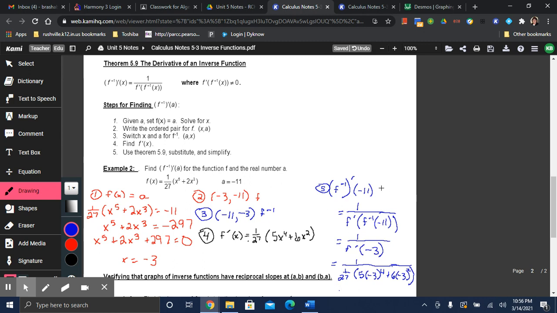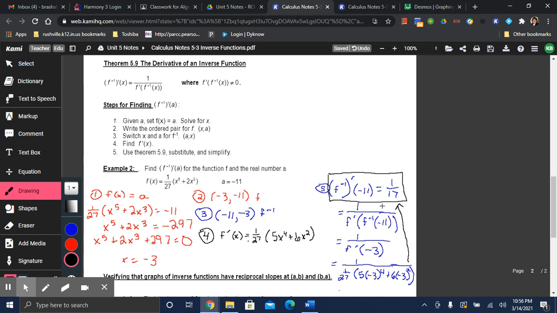I think I'm going to actually put that up here at the top. So 1 over 17 would be that final answer for f inverse prime of -11. Okay, so I'll draw an arrow up there so that you can see what I did.